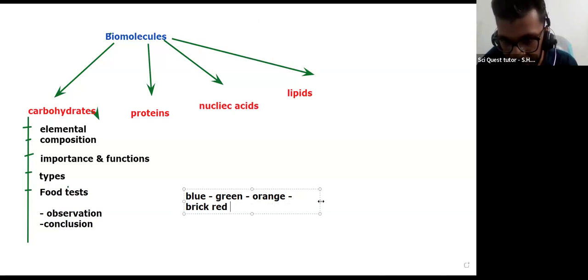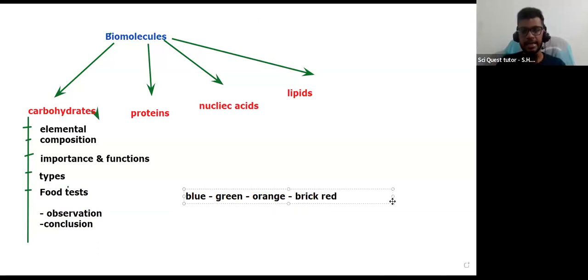Okay, so why are the color changes occurring in this series, in a pattern? It shows that if there's a little amount of carbohydrate in it, it will just turn green. If there's a higher concentration of carbohydrate in it, it will turn orange or brick red.